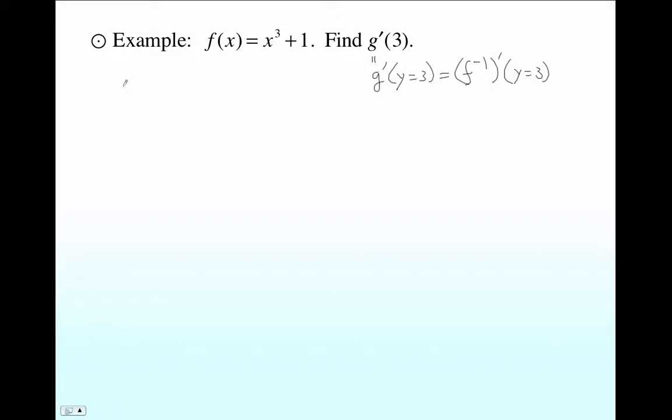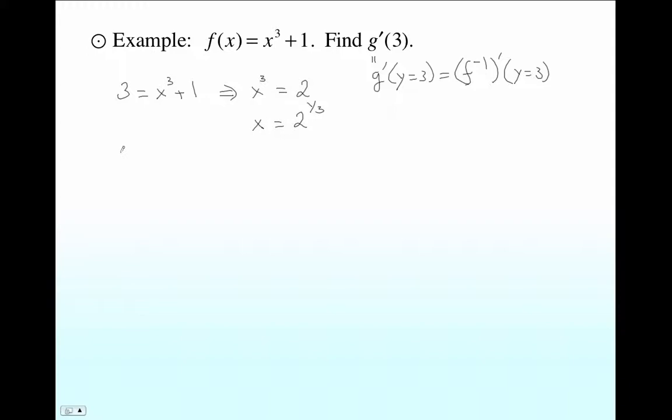Okay, so if y is equal to 3, then that means x cubed plus 1 is equal to 3 from above, which says that x cubed must be equal to 2, and so x is 2 to the power 1/3.